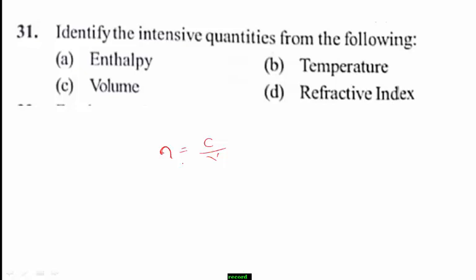Refractive index does not depend on the amount of substance, therefore it is also an intensive property. So option D is the right answer. Refractive index is an example of intensive properties.